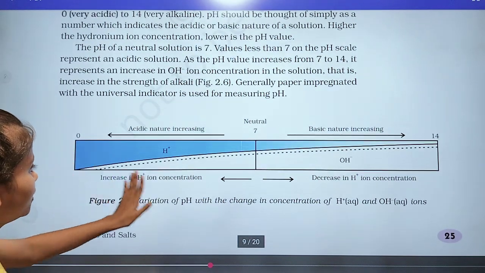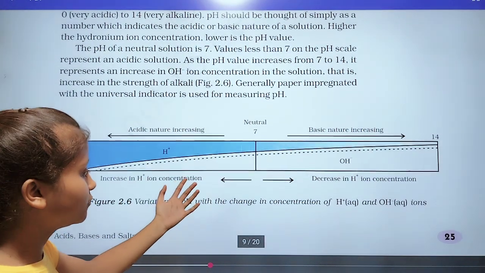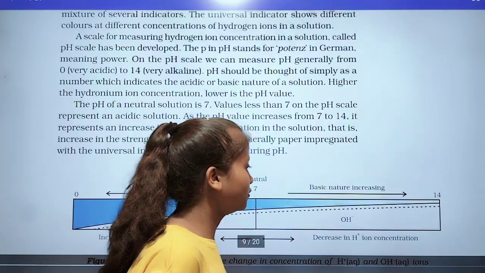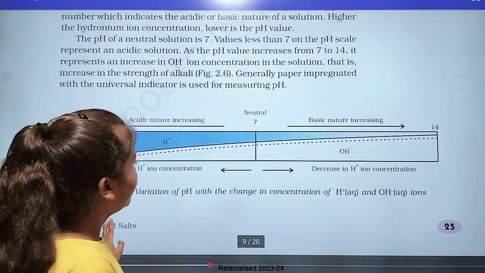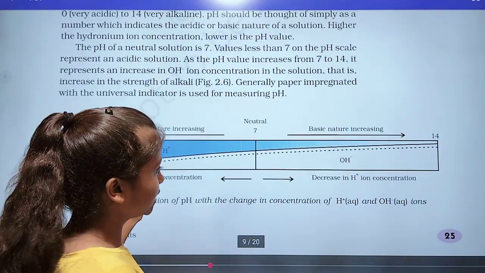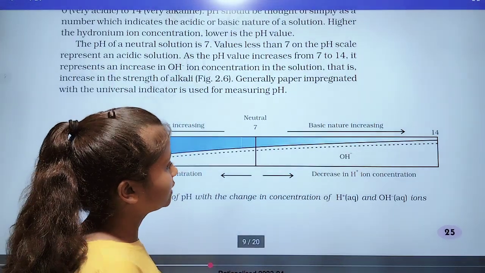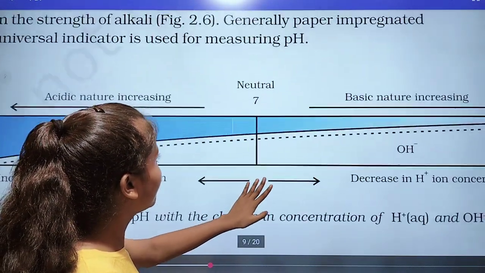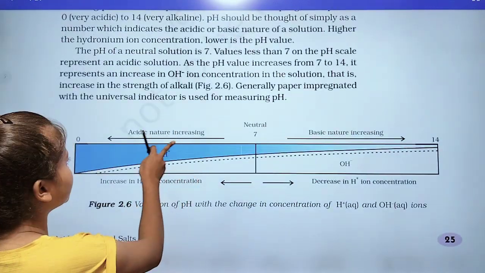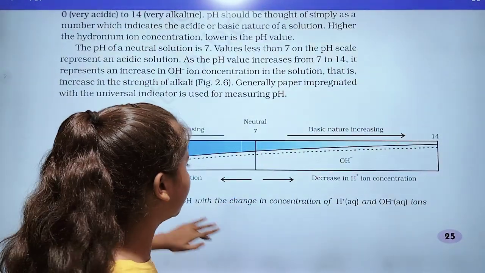This is the variation with the change in concentration of H plus and OH minus. Here you can see acidic, here basic, and this one neutral. Acidic nature increases this way, and basic nature increases this way.